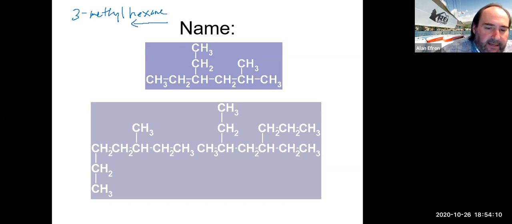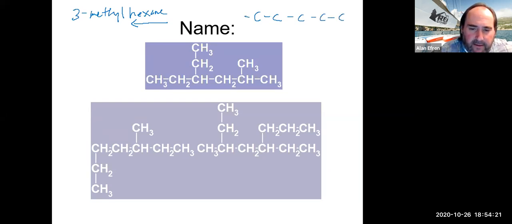What I mean by that is when I see hexane, what I should lay out is really 6 carbons in a row, nothing else. Just draw 6 carbons in a row. That pretty much takes care of the hexane part of the name. 3-methyl means I have a methyl group at carbon number 3.